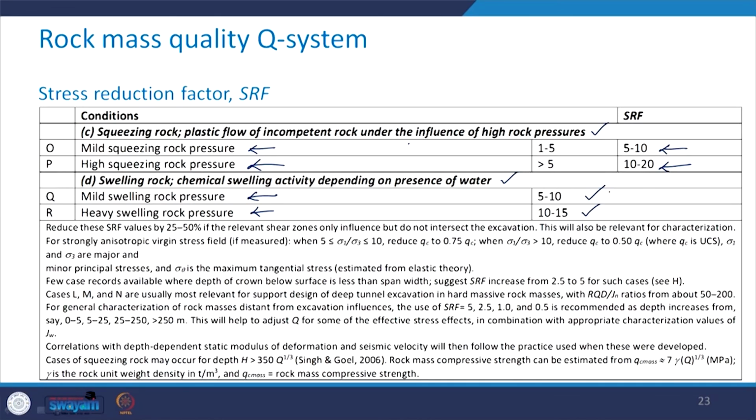And there are a few notes given at the bottom of this table. Please read these, so that you take note of these comments regarding any deviation as far as these tables are concerned, and assign the rating accordingly.